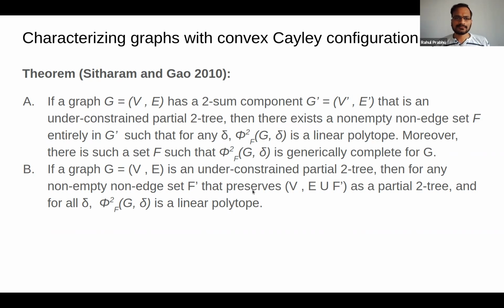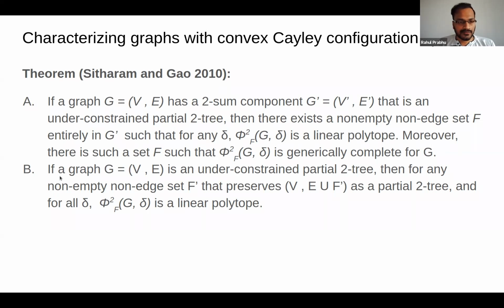The first says that if you have a graph and the graph has a two-sum component G dash that is an under constraint partial two tree, then there exists a non-empty non-edge set F that is entirely in this two-sum component, such that for any edge length assignments to the graph, the Cayley configuration space on these non-edges is a linear polytope. Moreover, there is such an F such that this configuration space is generically complete for the graph.